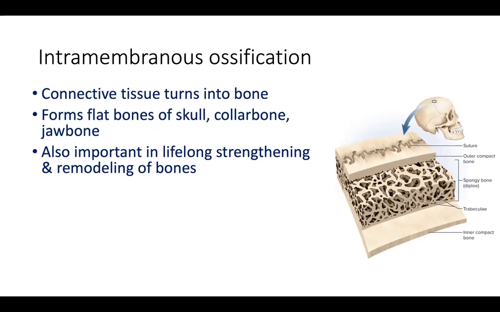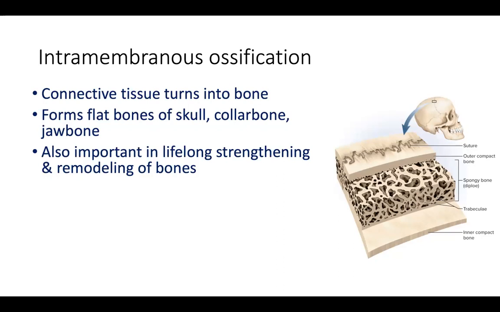All right, first, the intramembranous ossification. This is where connective tissue is turning into bone. So connective tissue that's basically not cartilage is turning into bone. Or I guess some could be cartilage. I'll talk about how that's different from the endochondral in just a second, but this is happening in a very specific area of a fetus's growing body, basically from the collarbone up.